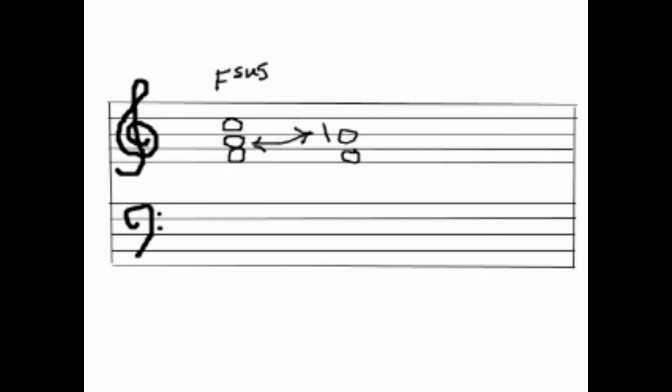So let's go back, erase some of this, and we'll write out a little more complicated suspended chord. Now remember that you can have suspended seventh chords, like G7 sus or C7 sus.